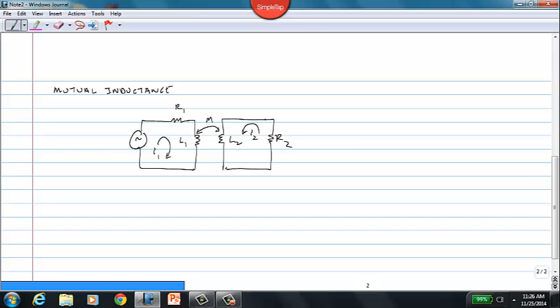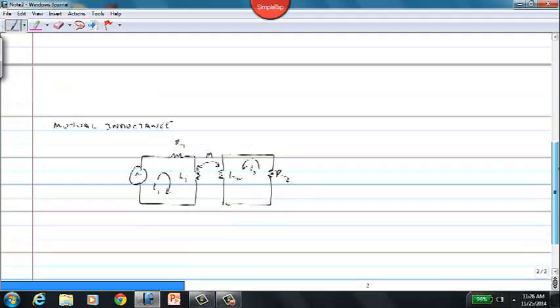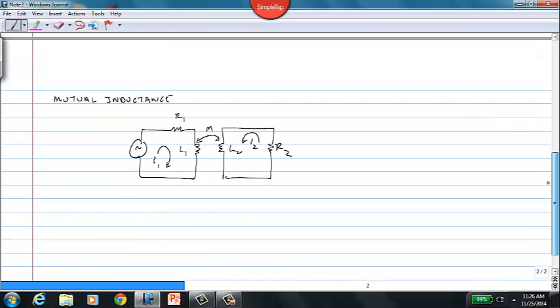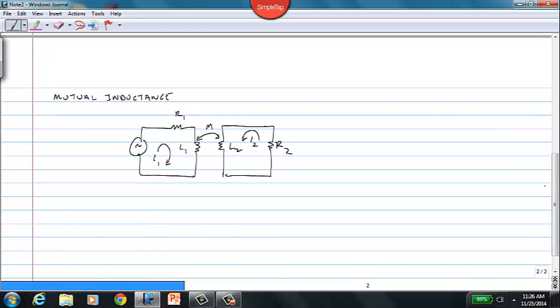The self-induced voltage is, as we showed up here, I omega L, and the mutually induced voltage is going to be the product of the mutual inductance of the coil and the current in the other coil. So let's consider the coil on the left-hand side of the figure that I just drew.